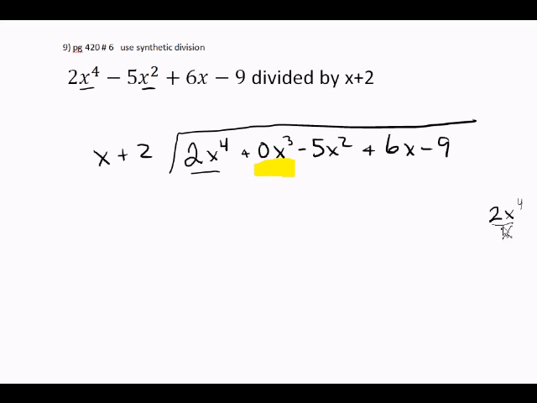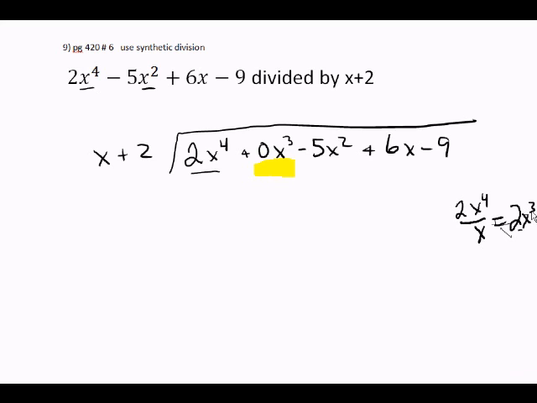And we're going to go through the same process. How many times does x go into 2x to the 4th? You just have to divide that. Even though I say how many times does it go in there, you have to go through that divide process.